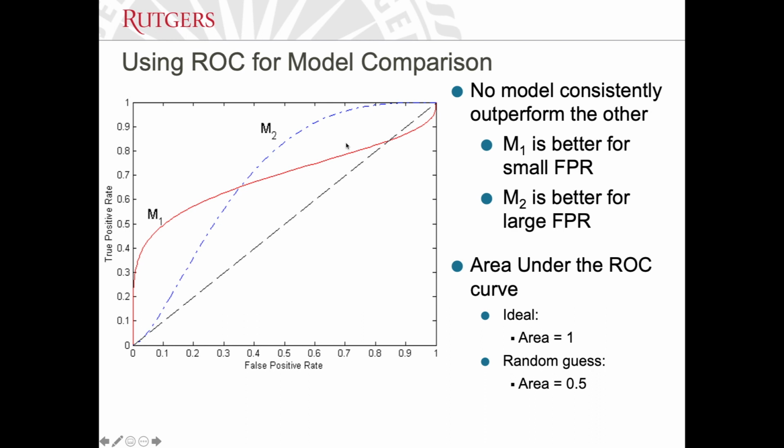Additionally, the area under the ROC curve, also known as AUC, provides another approach for evaluating which model is better on average. If the model is perfect, the area under the ROC curve is 1. If the model simply performs random guessing, the AUC will be 0.5. A model that performs better than the other would have a larger area under the ROC curve.